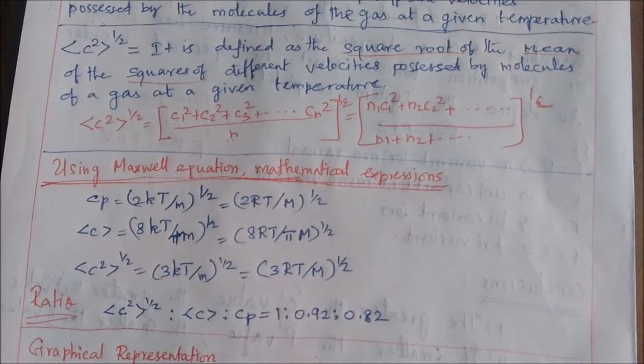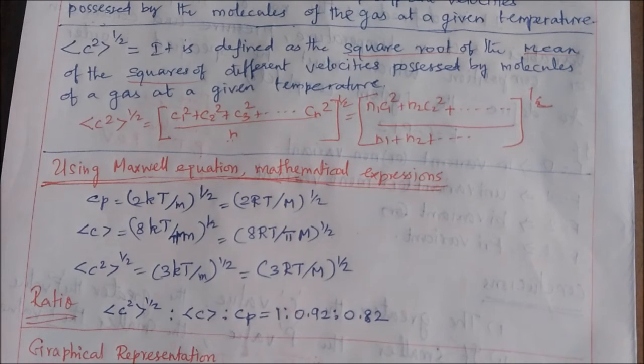Using the equation we have derived the mathematical expressions to find out the most probable velocity, average velocity and root mean square velocity of gaseous molecules at a particular temperature.